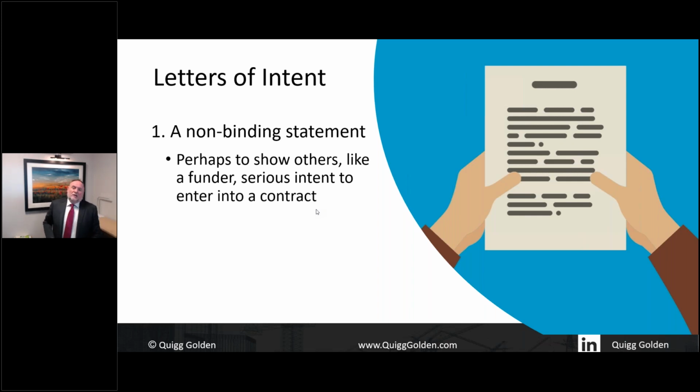And perhaps the main contractor might want a letter of comfort from the employer, which says we fully intend to enter into a contract. So it is really, in the eyes of the law, meaningless. In the eyes of commercial gentlemen and gentle ladies, it could have some meaning. It shows that there is an intention here, and therefore might assist the funder commit their resources in looking at whether or not they'll fund the project or enter into a loan.